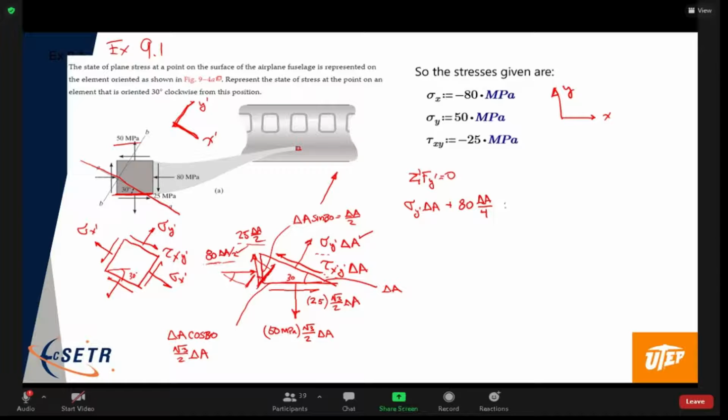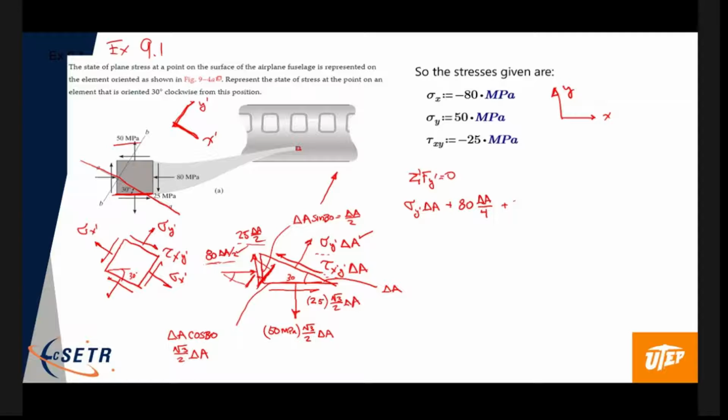So it's positive 25 delta A on 2. That's the force times cosine of 30, rad 3 on 2. All right. So we got the components on this face and on the back left face.